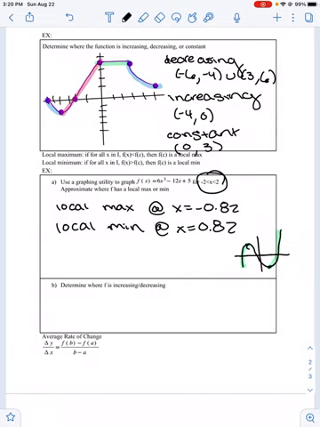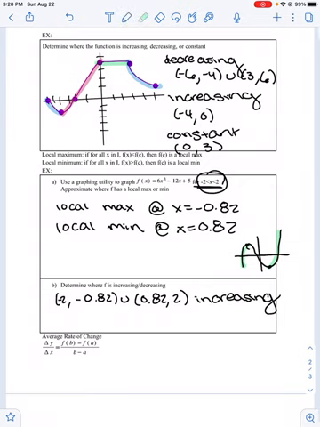And so from negative 2, because that's where we cut off the graph, to negative 0.82, it's increasing, as well as from 0.82 to 2. That's where it's increasing. And then it's decreasing at the blue, which is from negative 0.82 to 0.82. And that is when it's decreasing.